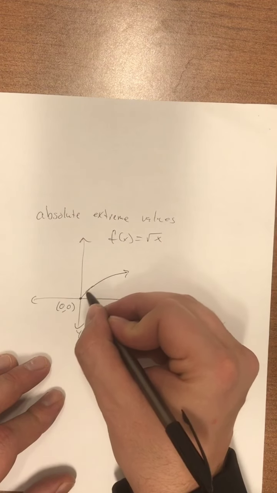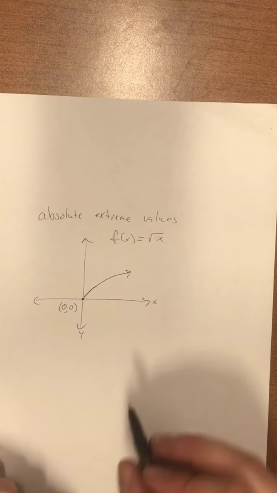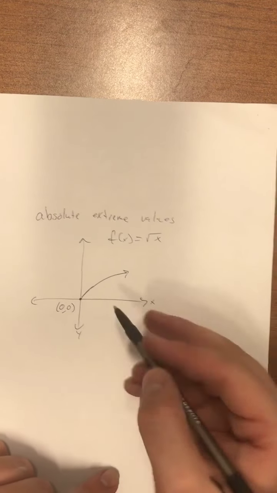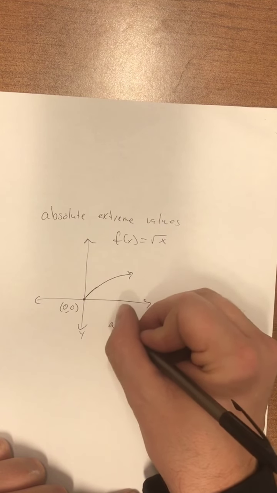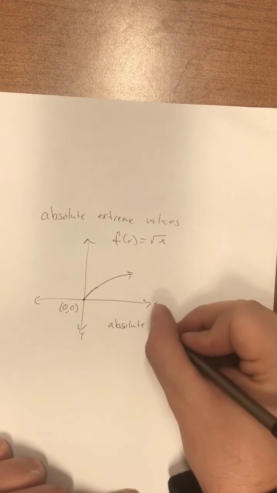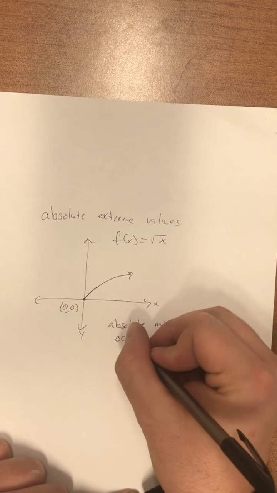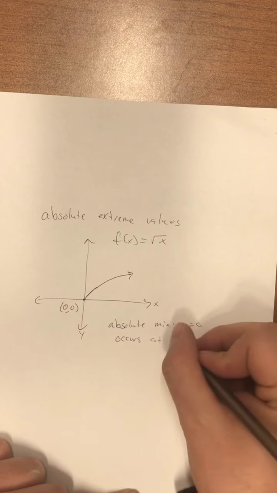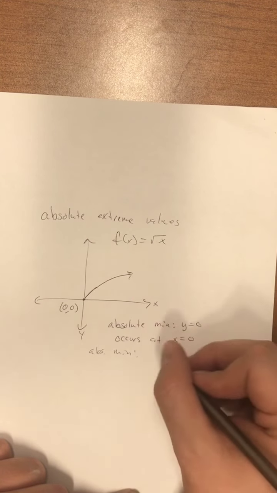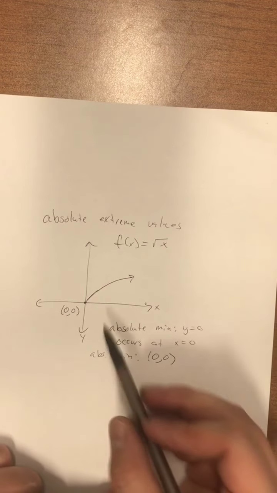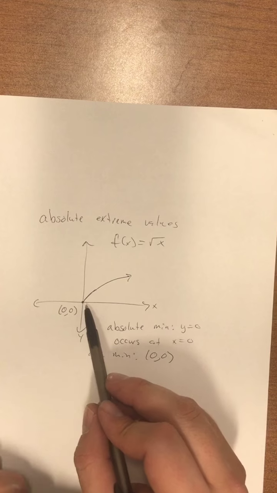There are no values less than 0 in the domain or the range, but 0 is defined. So at 0, 0, we have an absolute minimum. And that's because there are no values less, and we stop on a defined ordered pair.